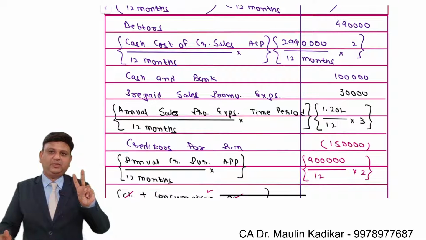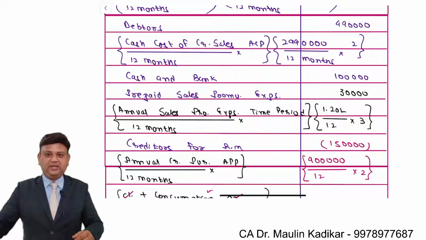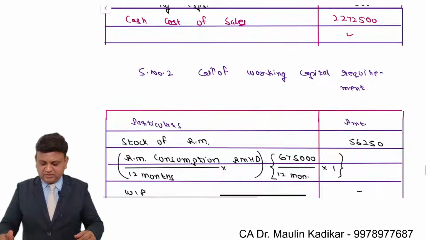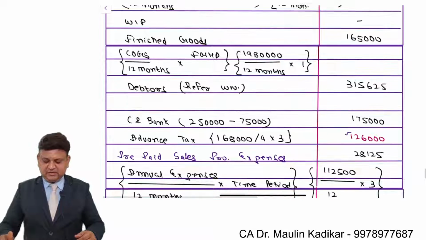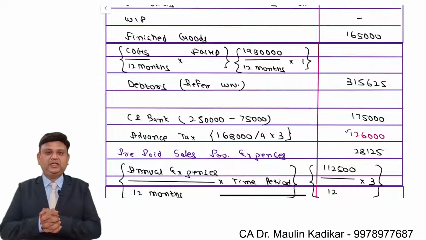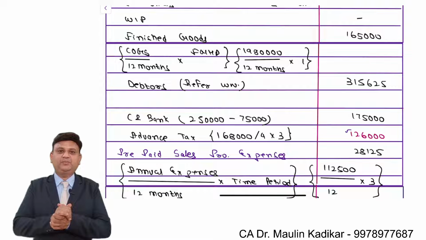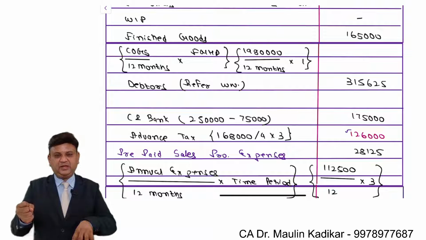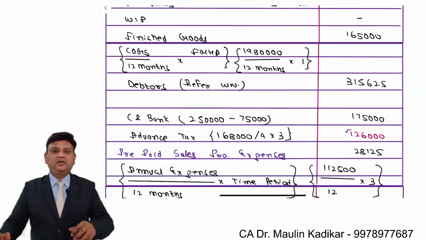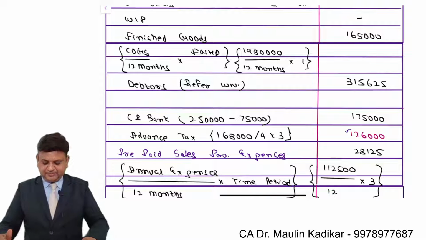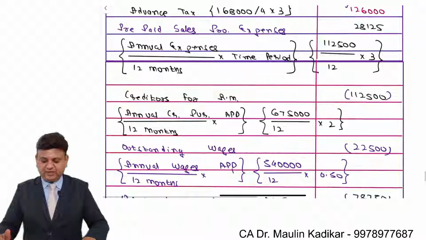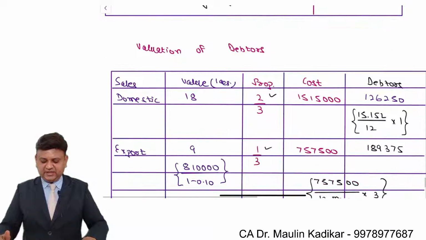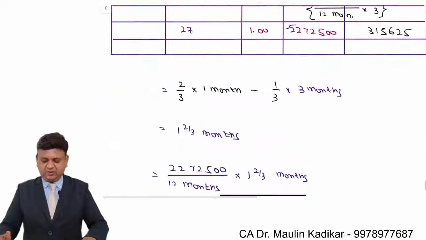There are only two important things: one is the debtors calculation, and the second is cash and bank. For the debtors, we are required to find out the proportion in which we have sold the goods in terms of cost for our export and our domestic business. Accordingly, we compute the debtors value. All the remaining workings are exactly the way we understand, and accordingly we work out the answer.